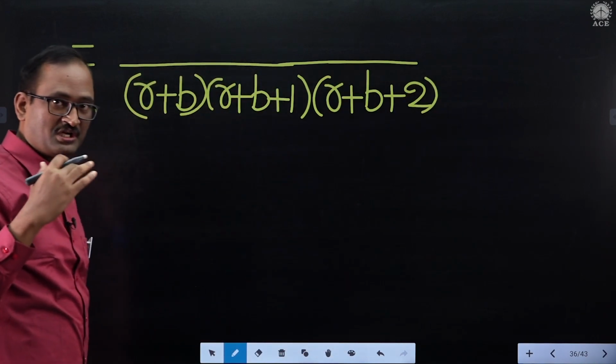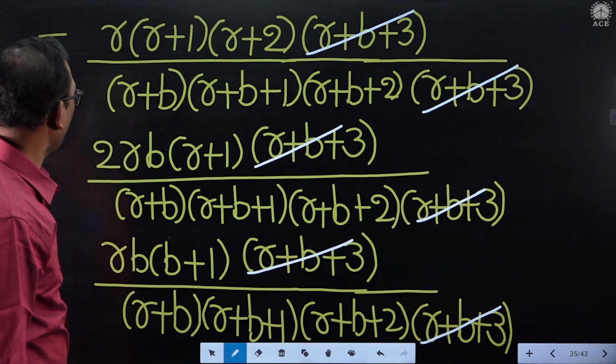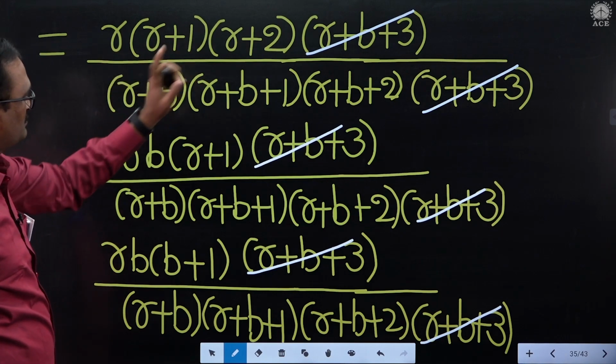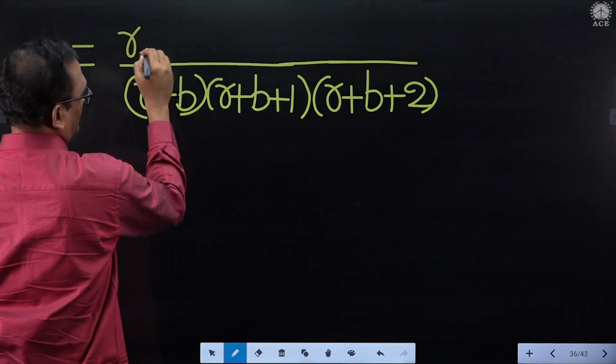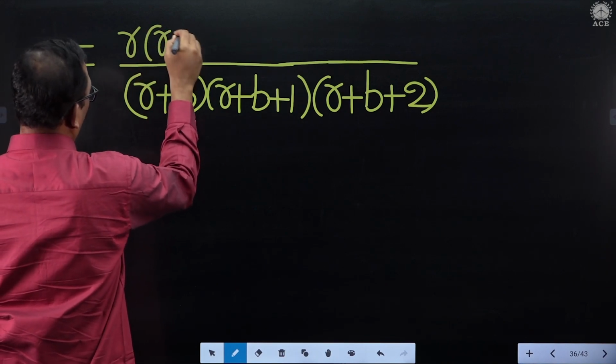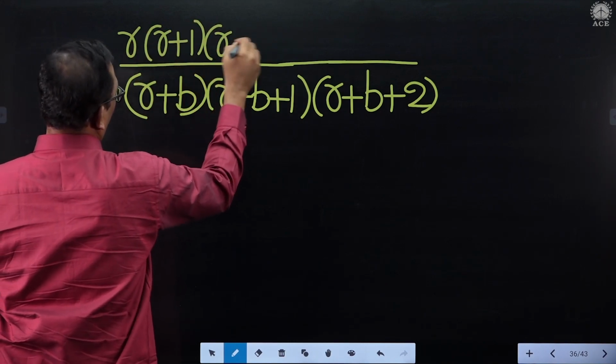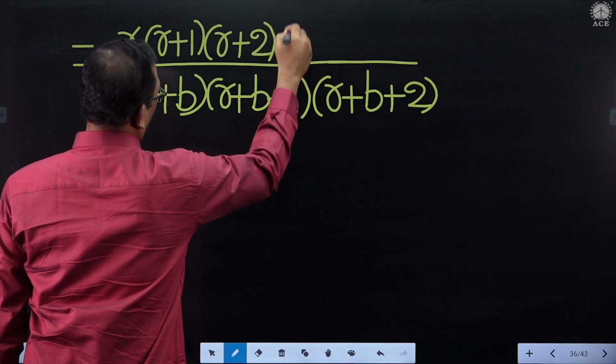Just to check the numerator, r into r plus 1 into r plus 2, that is fine.